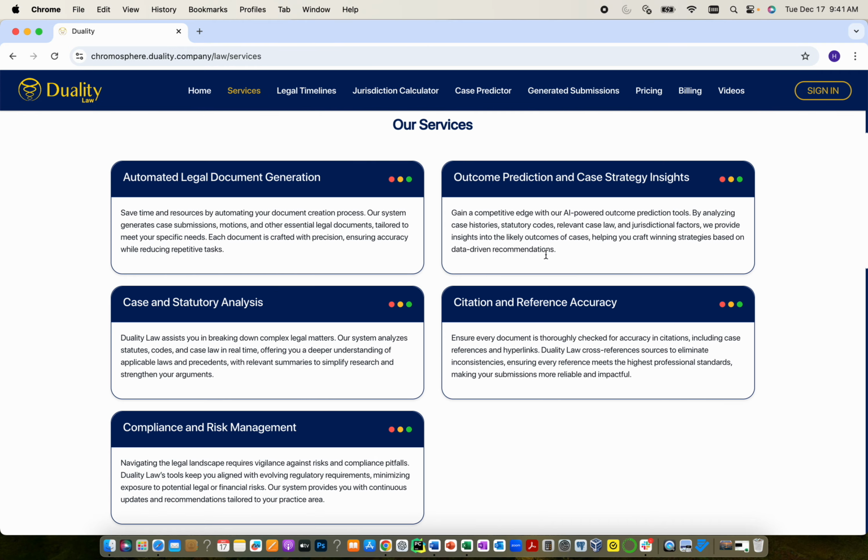The first part are our core services, which primarily deal with generating case submissions, which include answers to charges or initial pleadings, and answers to pleadings, which are done in a point-by-point fashion. So they are multi-step operations that you are going to be undertaking.